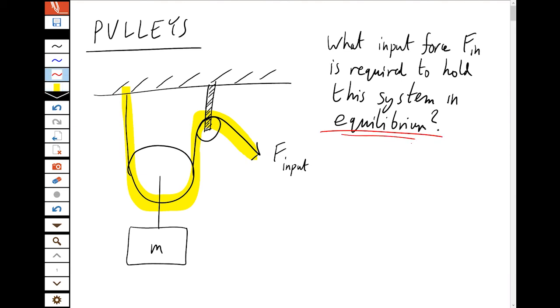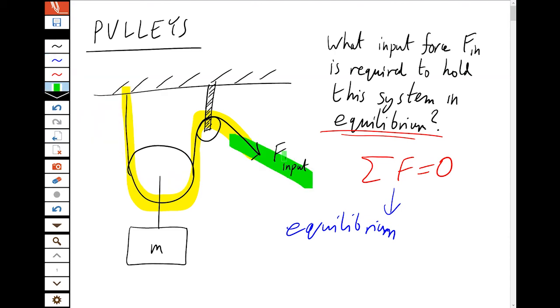Well, equilibrium is the magic keyword of any of these statics, which is the sum of all the forces is 0. And that immediately tells us something. In a nice equilibrium system like this, if we have an input force just pulling on a rope directly like this, then the input force is the tension on the rope.